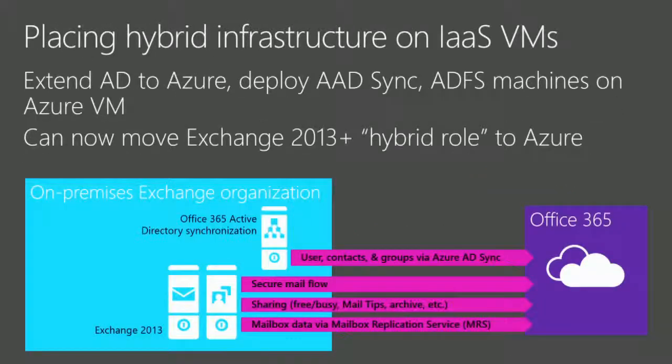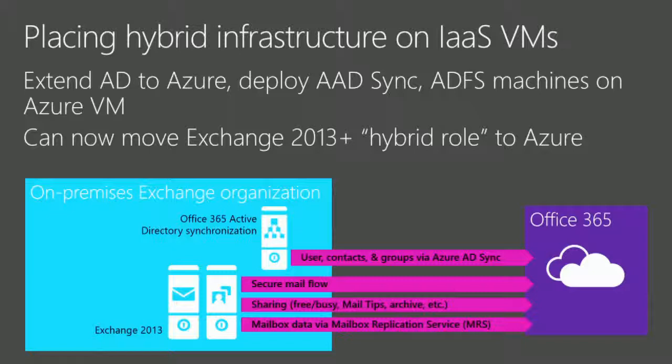So another frequent request that we get from customers is the ability to move all of their hybrid infrastructure into the cloud. Right? We're moving to Exchange Online, we're moving to Office 365, and for whatever reason, as a customer, I need to continue to have some on-premises servers to maintain a hybrid connection.